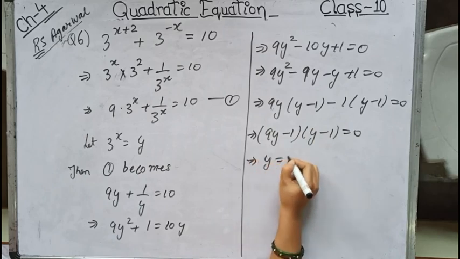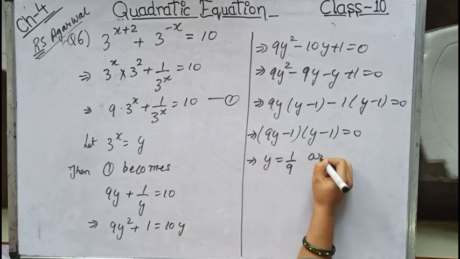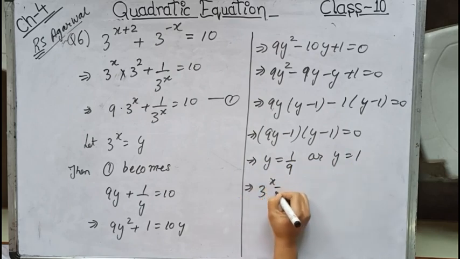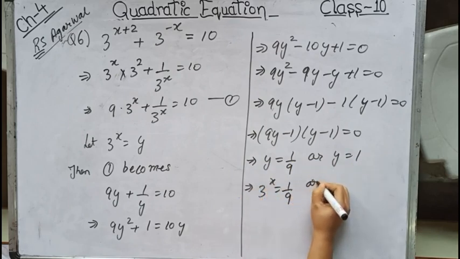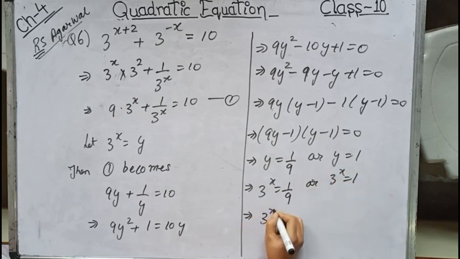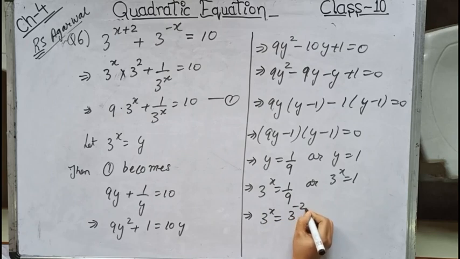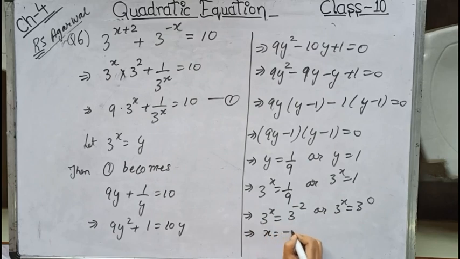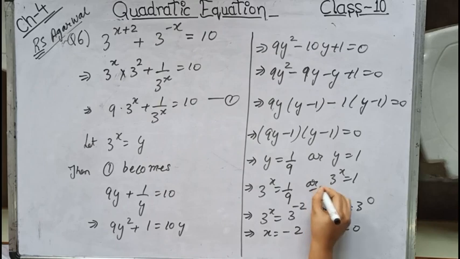This implies y equals 1 by 9 or y equals 1. This implies 3 power x equals 1 by 9 or 3 power x equals 1. This implies 3 power x equals 3 power minus 2 or 3 power x equals 3 power 0. This implies x equals minus 2 or x equals 0.